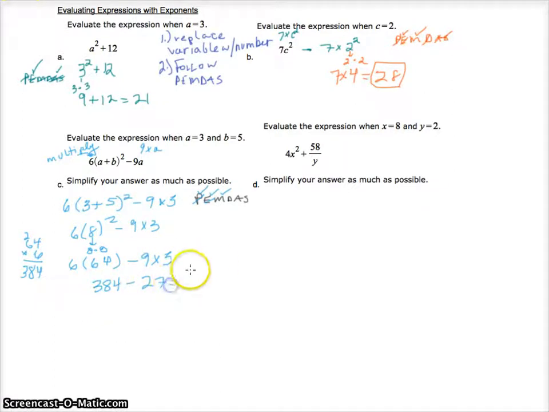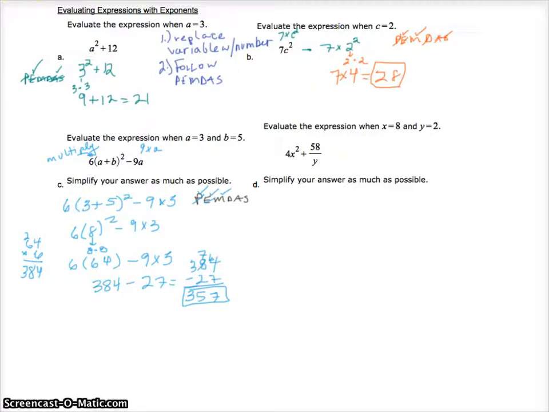So this will equal 384 minus 27. You got to borrow from the 8. 14 minus 7 is 7. 7 minus 2 is 5. And we end up with 357.